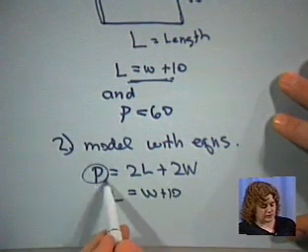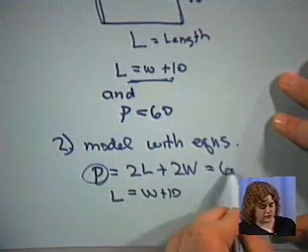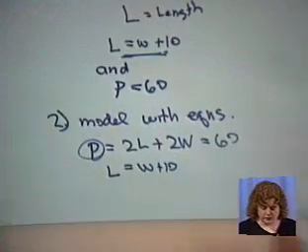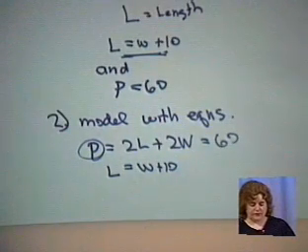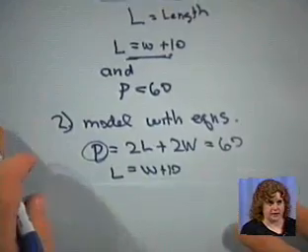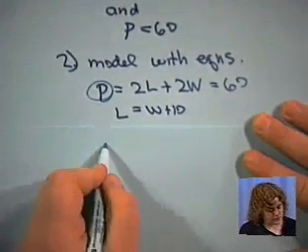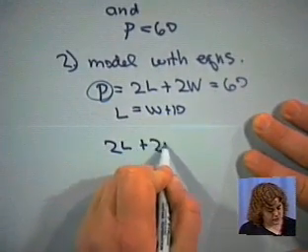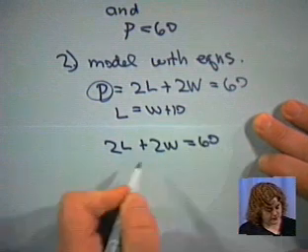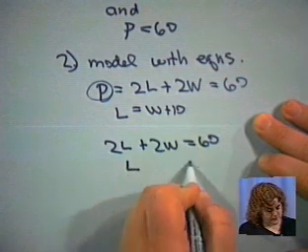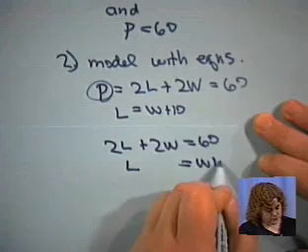We also need to get rid of this letter P. 2L plus 2W is equal to 60. So let me rewrite this so that the system's a little neater and tidier. Our system of equations is 2L plus 2W equals 60, and L equals W plus 10.